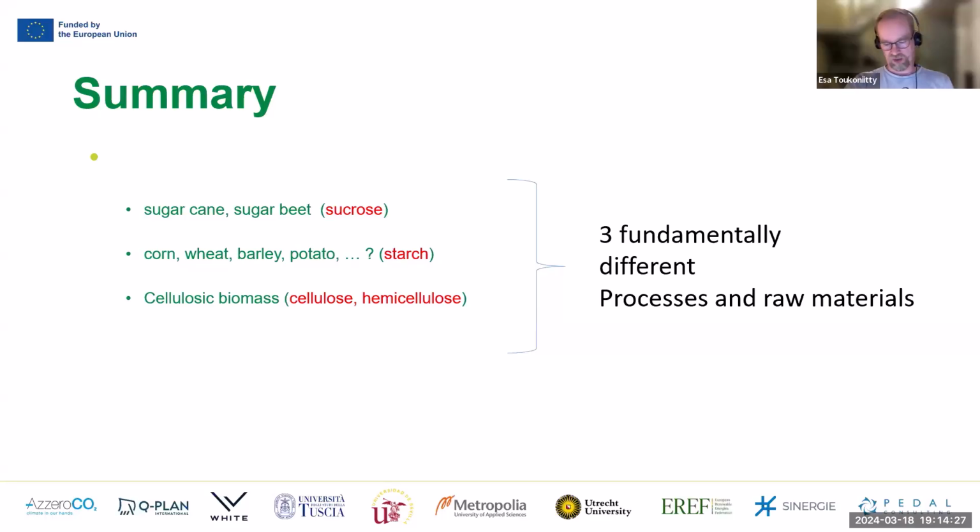We don't need to spend a lot of time going through this, but there is the sugar-based production, which in principle only needs the fermentation and then the purification steps. Then the other 2 also need pre-treatment and hydrolysis in order to process the sugar polymers into sugar monomers. The rest of the process is similar in all these 3.